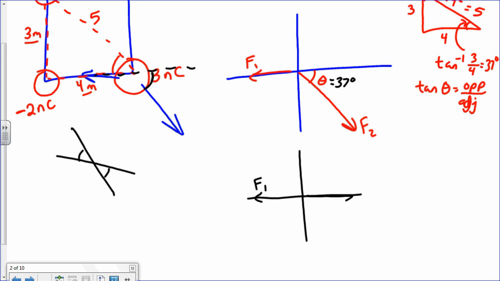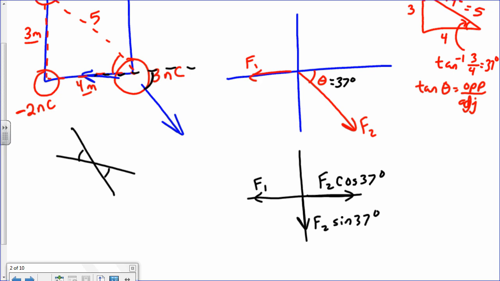To find the x component of F2, that's going to be F2 times what? When we do sine or cosine, the x component of a vector is what? Cosine, that's right. F2 cosine of 37. And then the y component is F2 sine of 37 degrees.